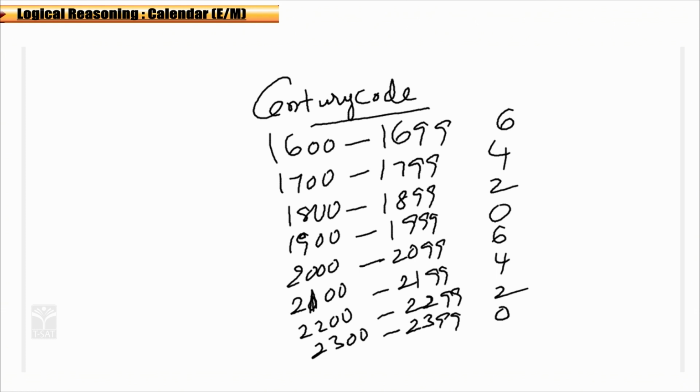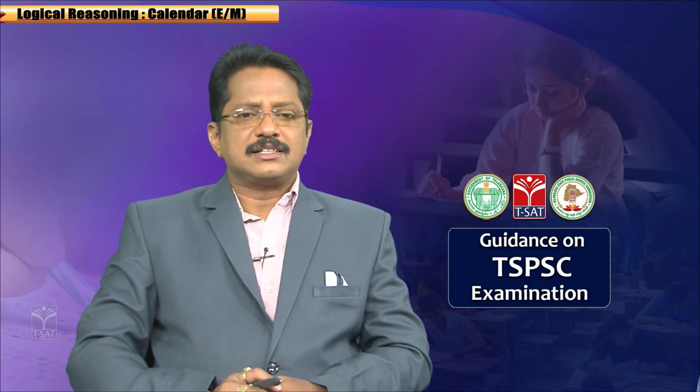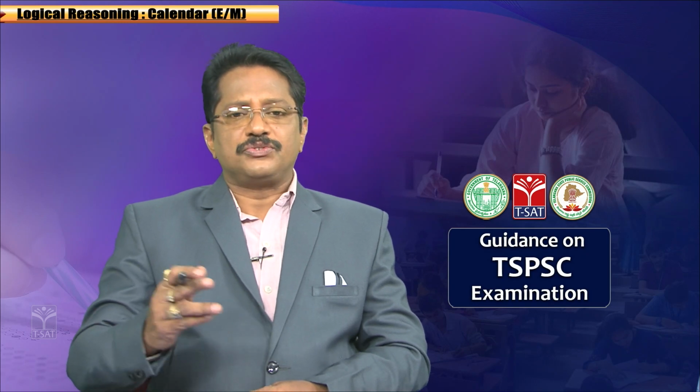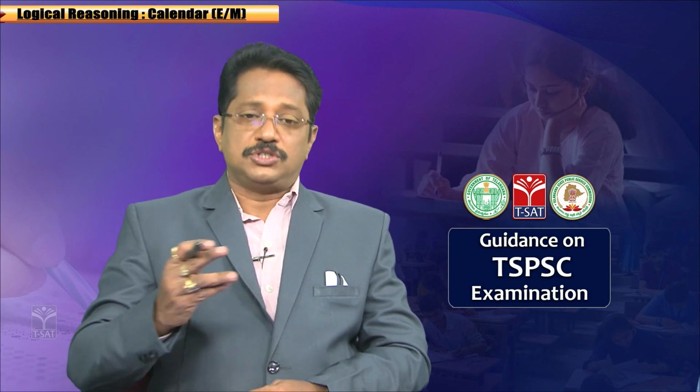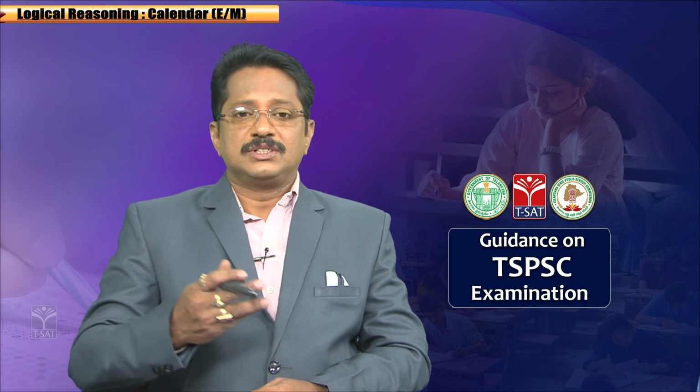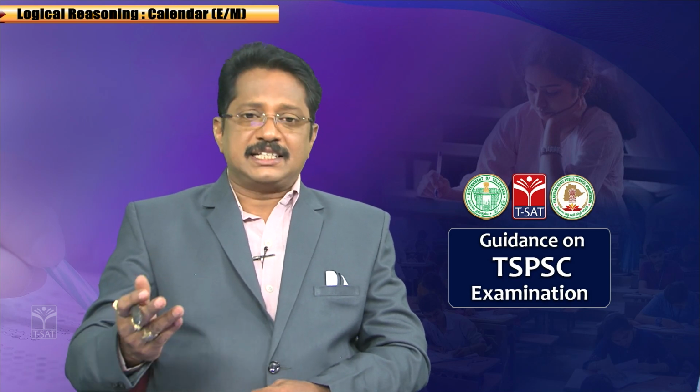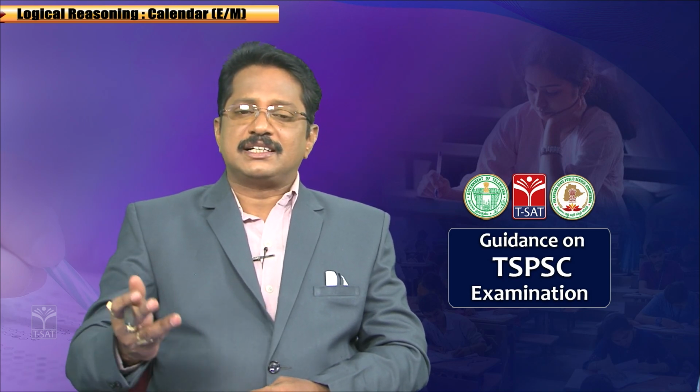The next century is 2, the next is 0, so the century codes go 6420. Clear? Okay. So you can start like that. In some textbooks I observed that 1500 to 1599 starts with 0, then 1600 to 1699 is 6, and 1700 to 1799 is 4.